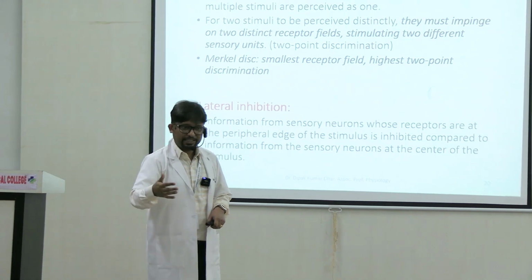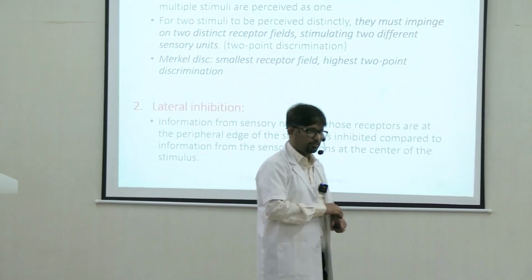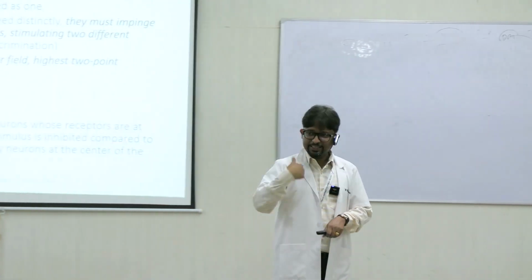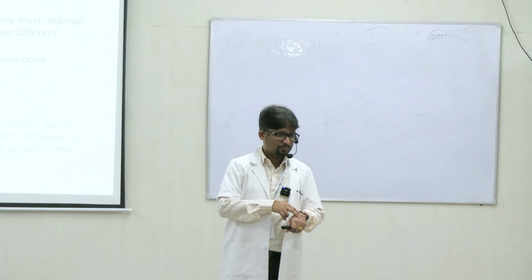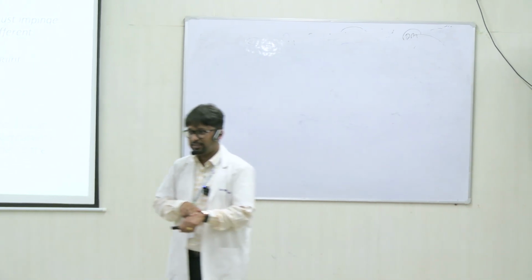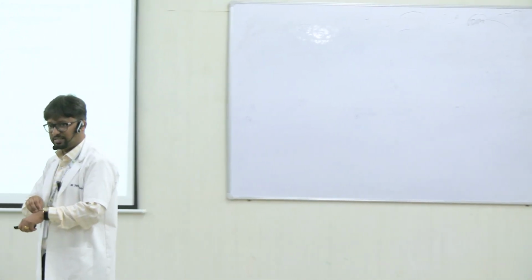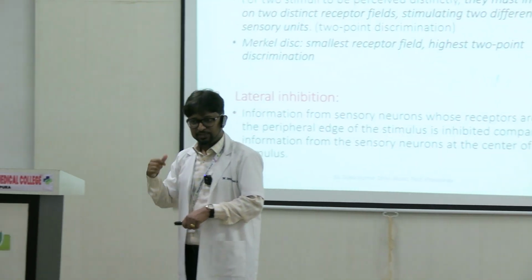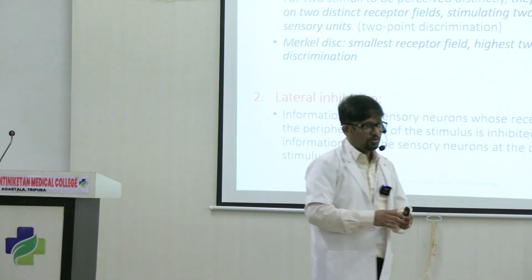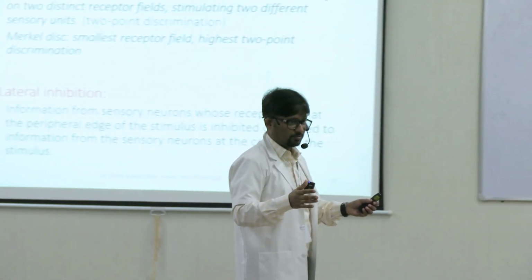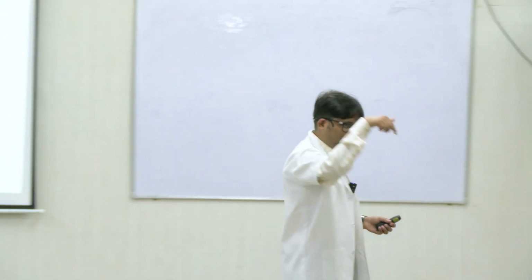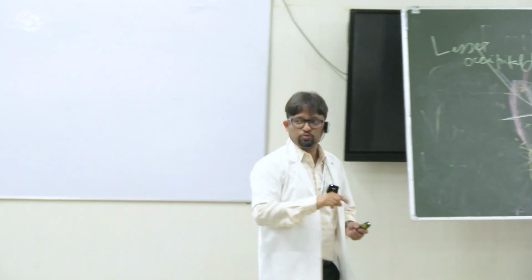You have practical experiments in the coming month where we will do all of this. You will realize that at each site there is a minimum distance below which, if you give 2 or more stimuli, they will be perceived as 1. Let's say on the back, this minimum distance is around 4 to 6 centimeters. Below this, if you put 2 points, they will be appreciated as 1.